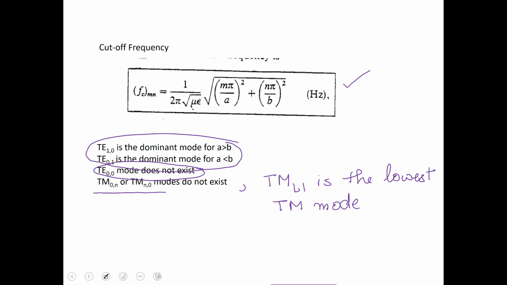If you have no questions, let's start looking at the TE10 mode, the dominant mode, and let's start looking at what that mode would look like. Let's assume again for the rest of the discussions that a is greater than b.